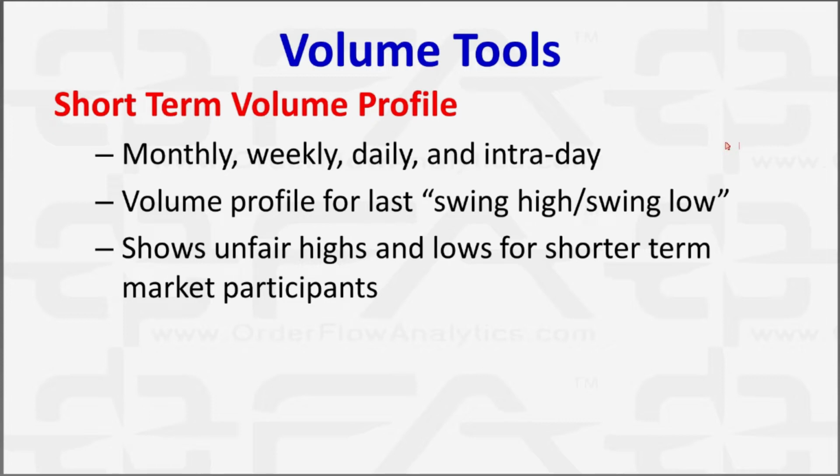That's why when I have agreement or confluence between the longer term volume profile and a shorter term volume profile, I know I have a really good level. But I always give more weight to the shorter term, meaning the most current. And when I'm in a trade, that's why I watch the print, I give the most weight to what the current buyers and sellers are doing, because they are the ones who are going to take me to profit or into loss.